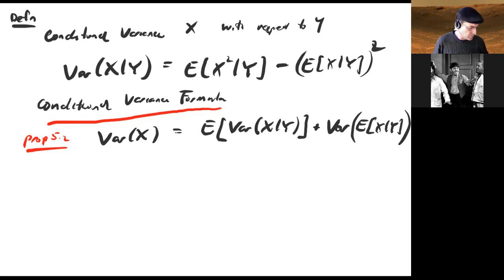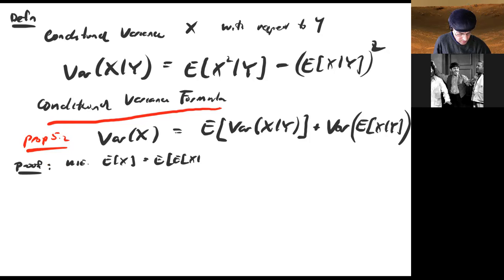So I'm going to give you a proof of this, okay? So here's a proof. The proof goes like this. First of all, let's use what we did already. Namely, we know that E of X from my previous lecture is given by the expected value of the expected value of X conditioned to Y. So we're going to use that.